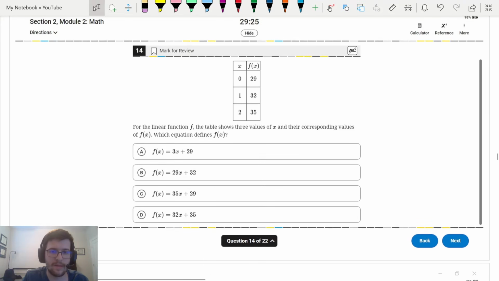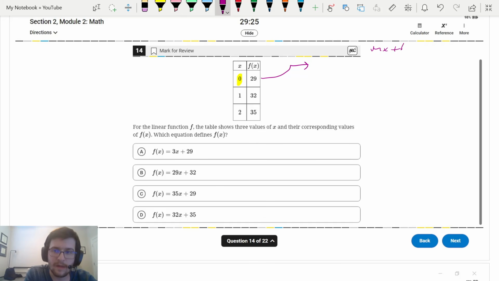All right, let's keep going. So, okay, so I actually have a graphing calculator program that if I plug in 2 points, it'll just tell me the equation of the line. So I'll do it by hand first. First notice that x equals 0. So this is the y-intercept. So that means b in mx plus b is 29.